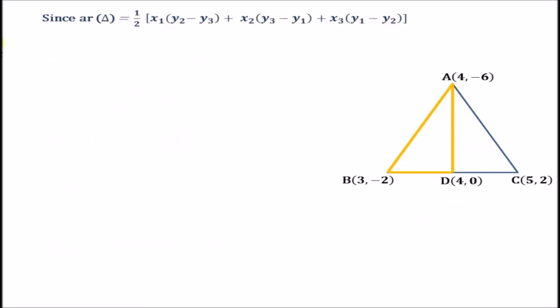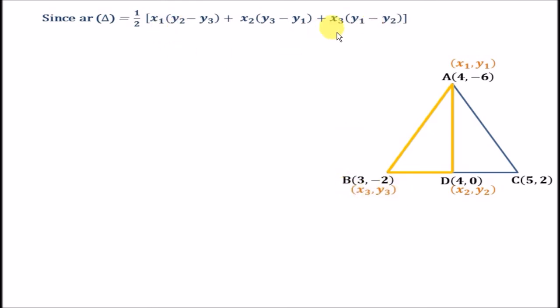Now first, for area of triangle ADB, the formula is this. Let's consider point A to be (x1, y1), D as (x2, y2), and B as (x3, y3).